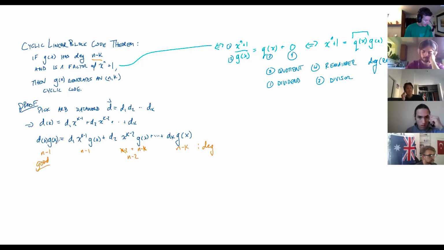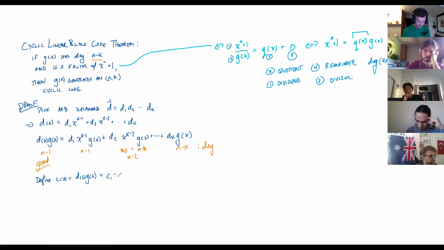Okay, so let's give this result a name. Define c of x as this thing we just did out, d of x times g of x. And it will be a polynomial of degree n minus 1. So let's give it a general form.